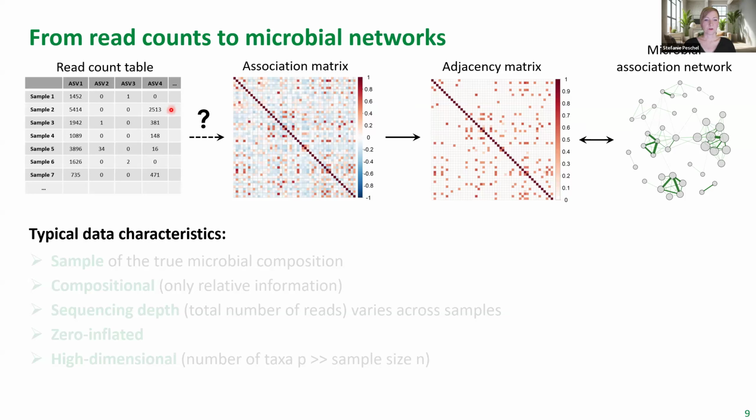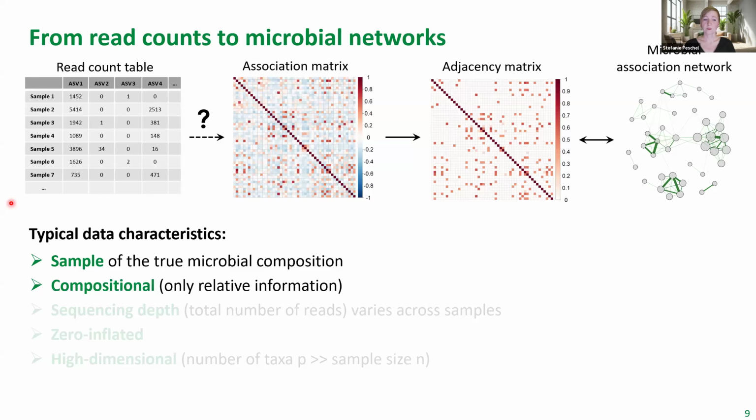This step here, from read counts to associations, is critical because we have to take the typical characteristics of microbiome data into account. For instance, the sample we observe is only a sample of the true underlying microbial composition. The data are typically compositional, meaning they carry only relative information.